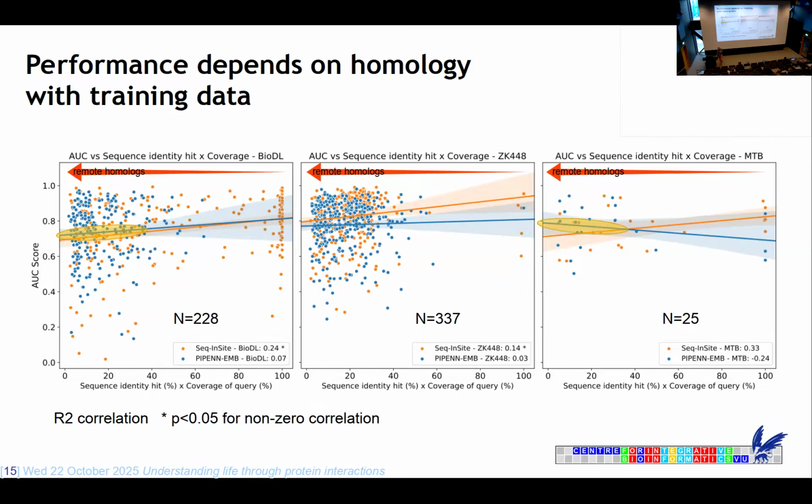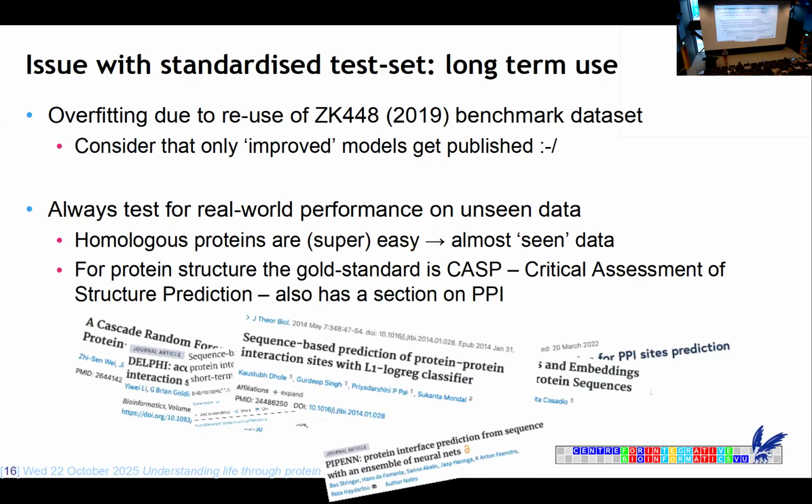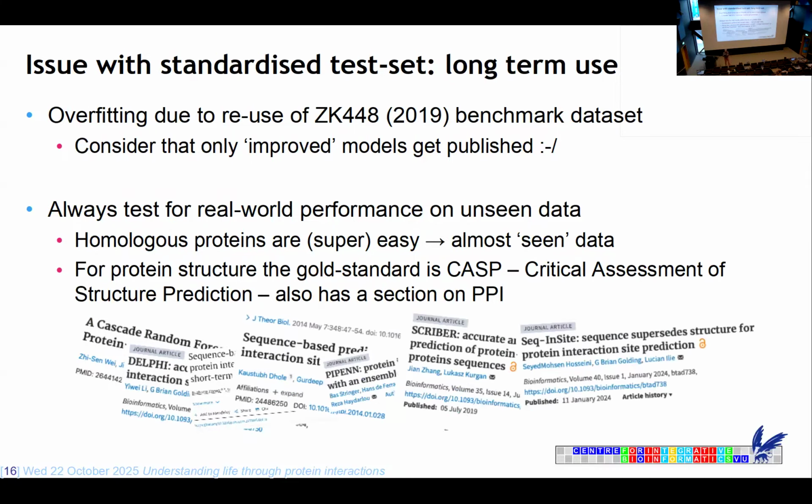Now, that's some more details. One of the issues is that this ZK448 dataset has been reused by many, many groups over many years. And that means that you effectively have a meta training cycle from people reading my paper or somebody else's paper on this data set, making design decisions on how to build their method, testing it on the same data set, publishing the paper, somebody else reads that paper, makes other better design decisions.